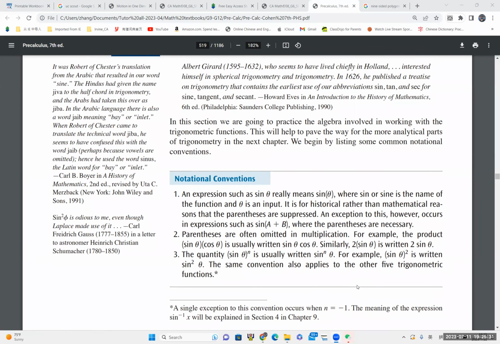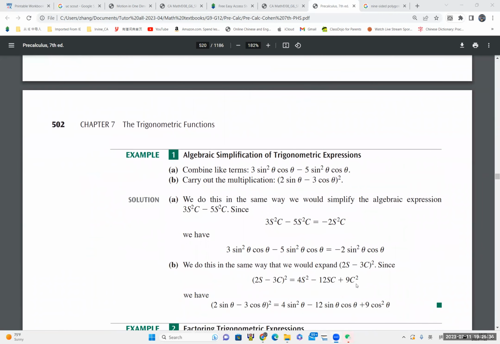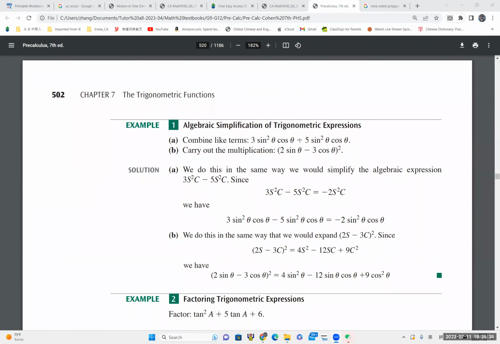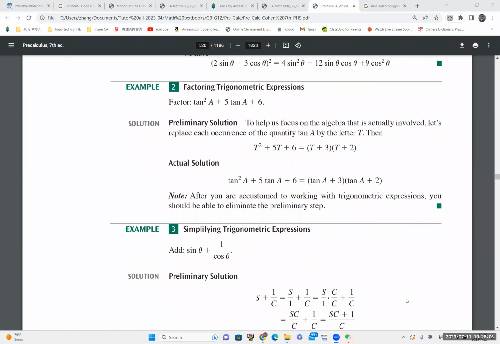Yeah, just talk about some habit. Combine nectar. Oh, they're simply writing sine theta just as S, cosine just as C, right? Okay, factor.